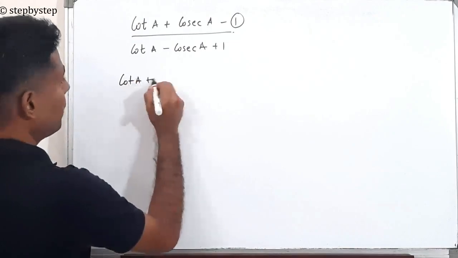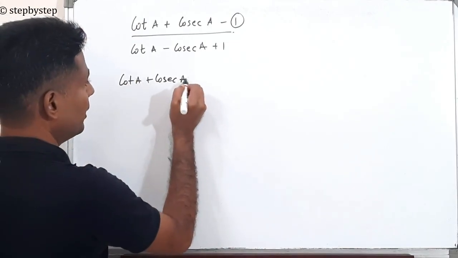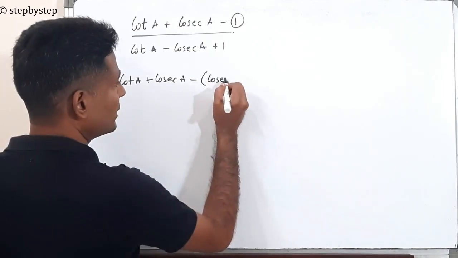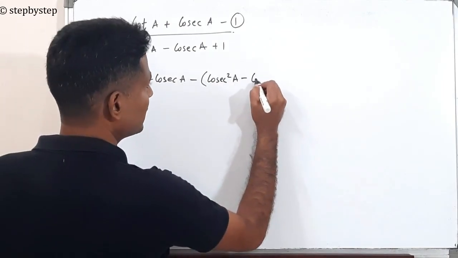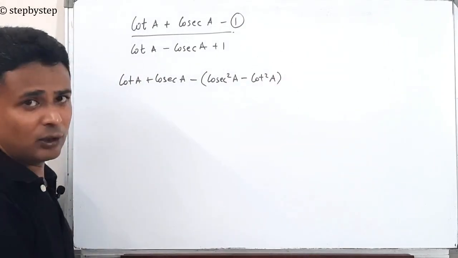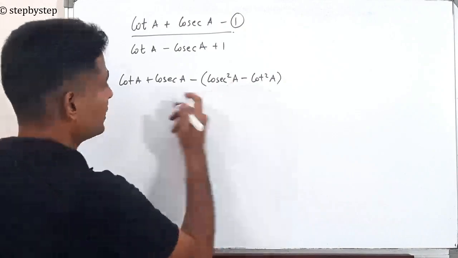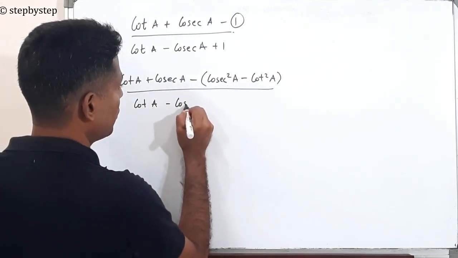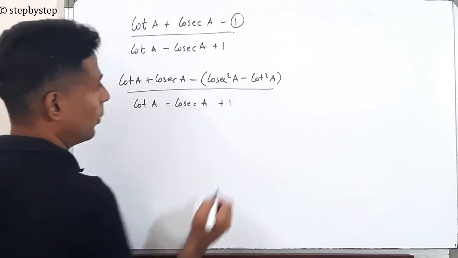Cot A plus cosec A minus this 1 can be written as cosec square A minus cot square A. 1 plus cot square is cosec square. So when I take it on that side, it becomes 1 equal to cosec square minus cot square, by cot A minus cosec A plus 1.